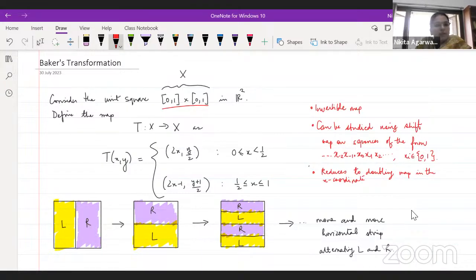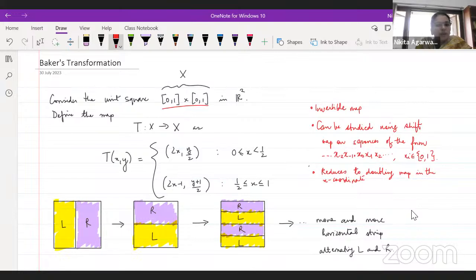And you define the self map T on this square as follows. It depends on the value of x. If x is between 0 and half, 0 included, then the point (x, y) in the square goes to (2x, y/2). And if x is between half and 1, then it goes to (2x minus 1, y/2 plus 1/2).